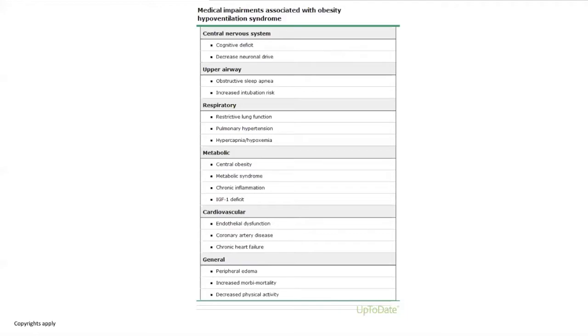There may be a chronic inflammatory situation in the body, and insulin-like growth factor deficit may be there. Cardiovascular, there may be endothelial dysfunction leading to coronary artery disease and chronic heart failure. Endothelial dysfunction may lead to both MI and also deep vein thrombosis. And in general, there may be some peripheral edema from cardiovascular failure or increased morbidity, mortality, and decreased physical activity.